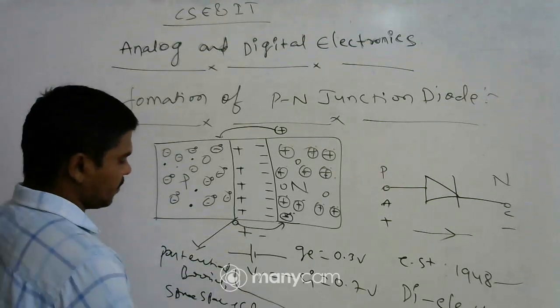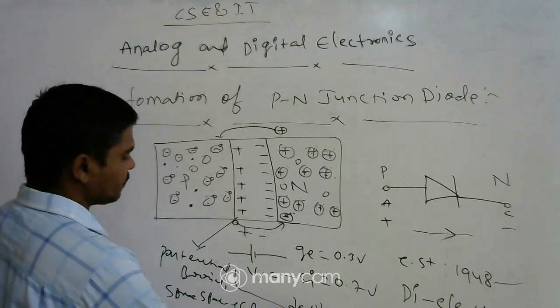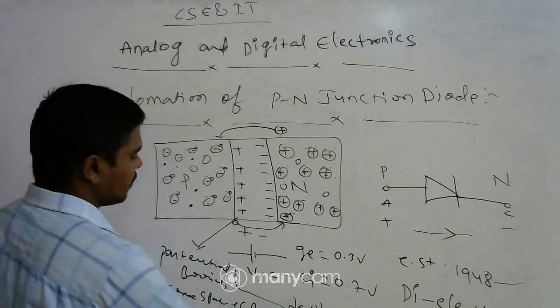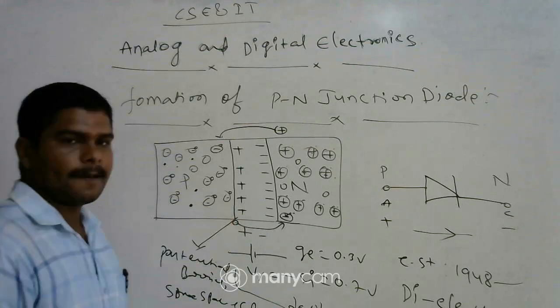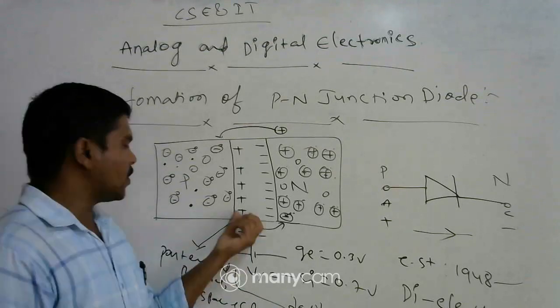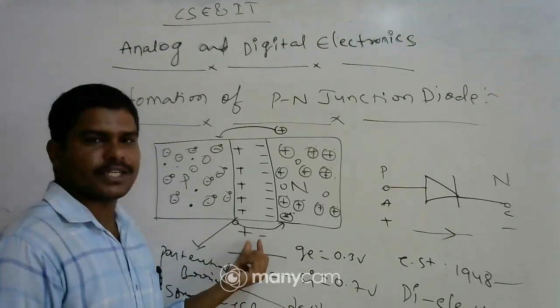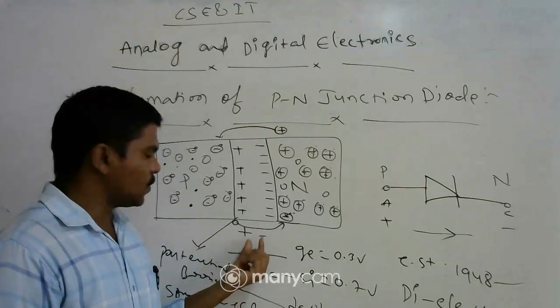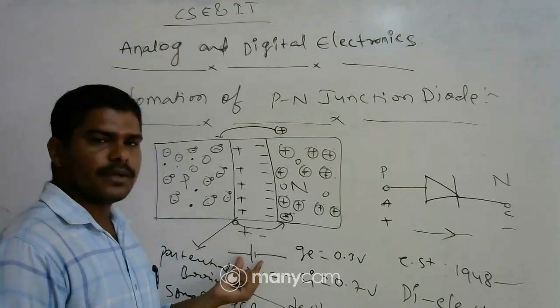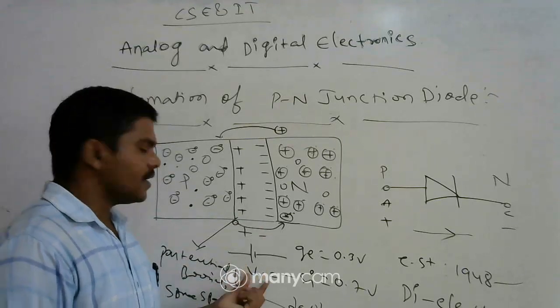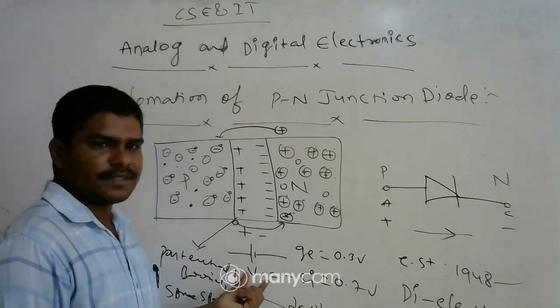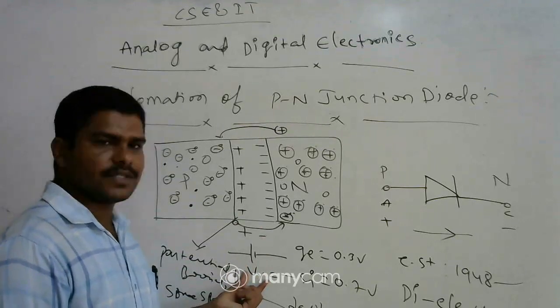You can say depletion region. Positive and negative means there is some voltage. According to Coulomb's law, it creates some potential barrier. That is V gamma, which we can call the threshold voltage or cut-in voltage.